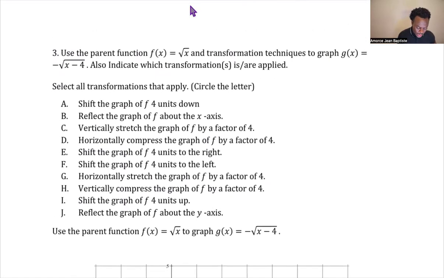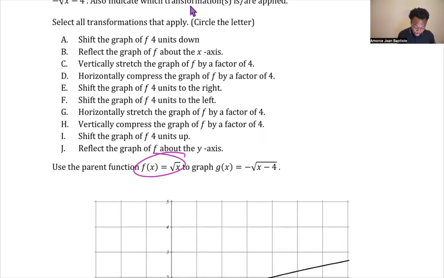So this next function is the radical function, but they are asking us now, what transformation do you see here that takes this function to this one, that transforms square root of x to this? Well, first I see a negative sign on the outside, which means that there is a reflection in the x-axis. So I'm looking at two transformations.